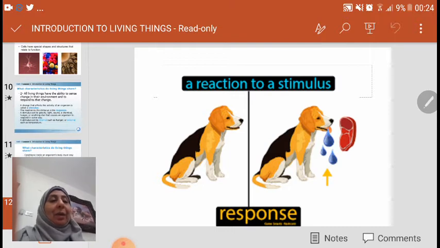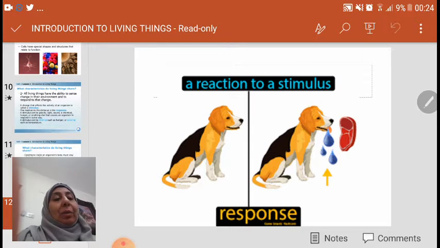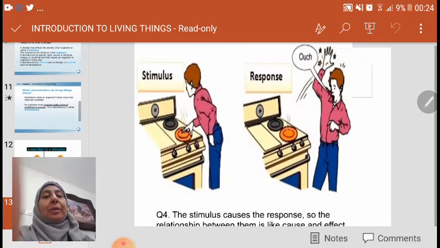Actually, his mouth starts salivation. He started producing more saliva because he knows that he wants to eat. So seeing the piece of meat is the stimulus. Salivation is the response.